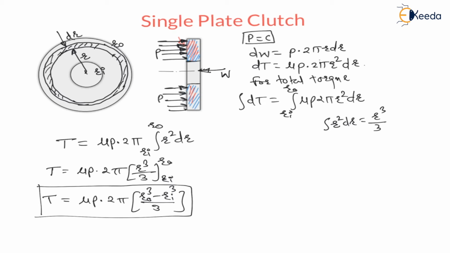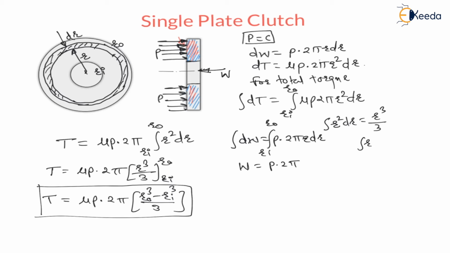Now on this small elemental ring, what is the very small normal load? It is P into 2 pi r dr. Therefore very small dW is equal to P into 2 pi r dr. Now if I want to find total load, integrate both sides. If I integrate both sides from initial Ri to Ro limits, therefore total load acting is equal to P, which is constant, 2 pi is constant.